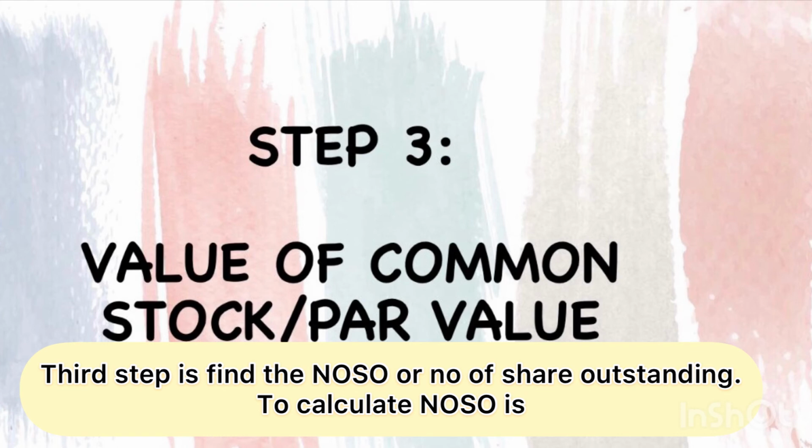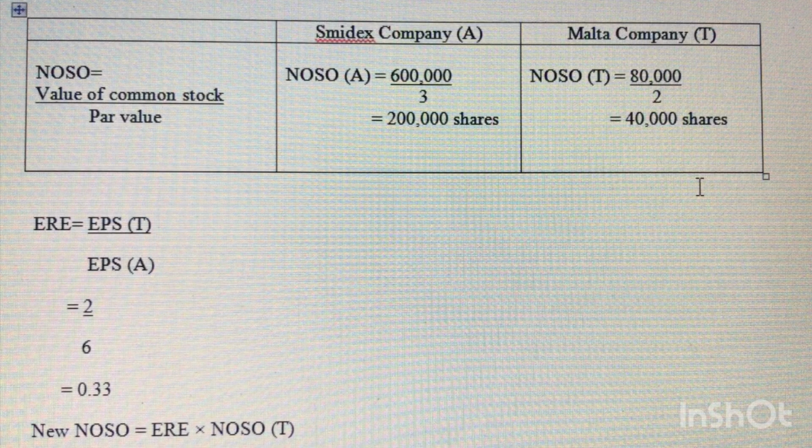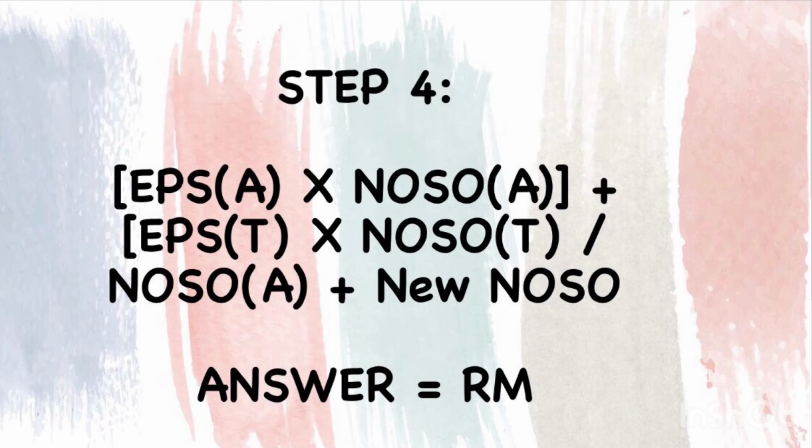To calculate NOSO is value of common stock divided by par value. And the last step is to calculate the post-merger EPS for both companies. To find this, you need to use this formula and the answer must be in Ringgit Malaysia.